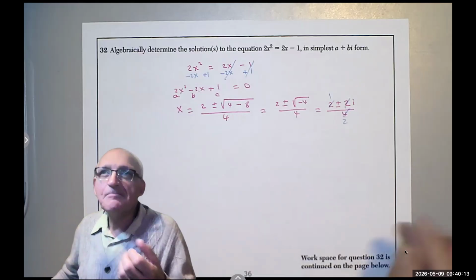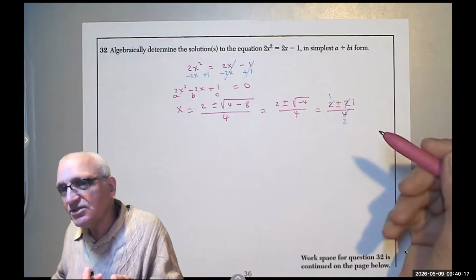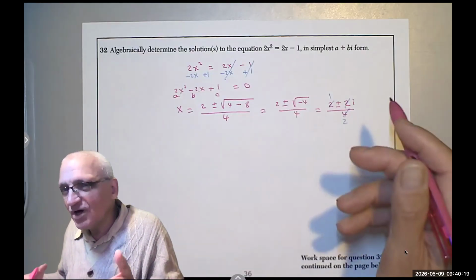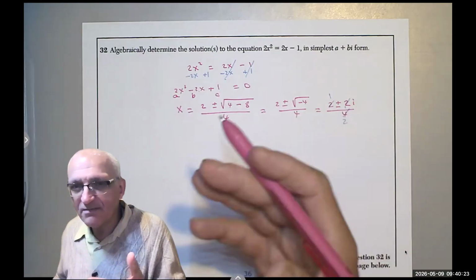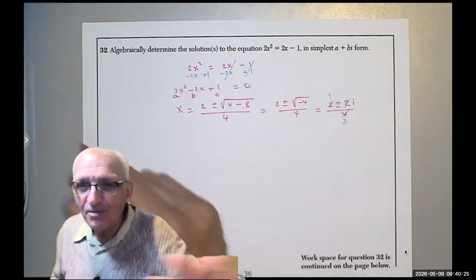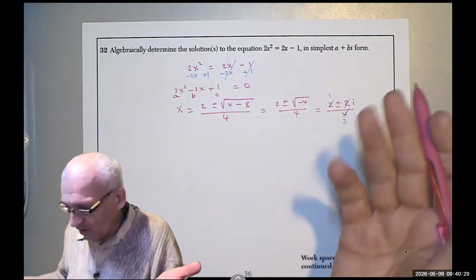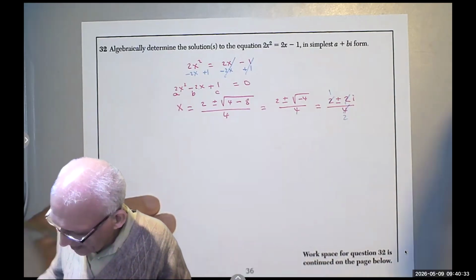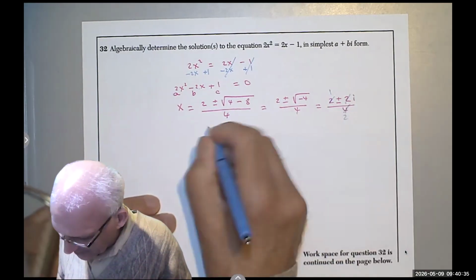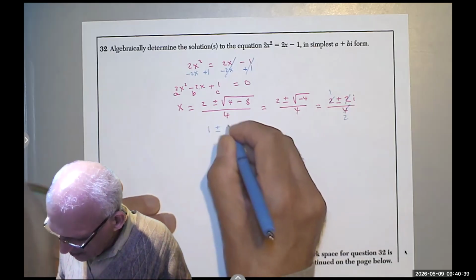It tells the person reading your work that you are a novice, or not well versed in math. It's not wrong, but try to get rid of this habit. There's no reason to write 1 in front of i. In fact, I can write it as 1 plus or minus i over 2.